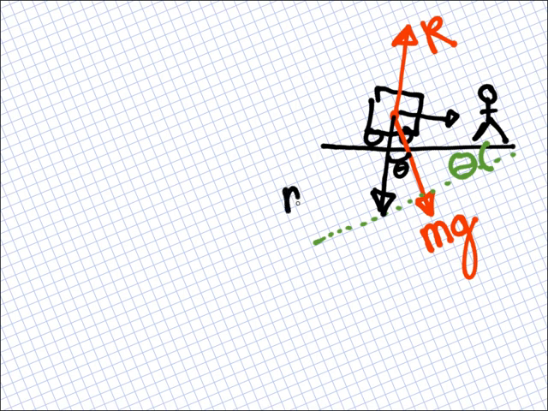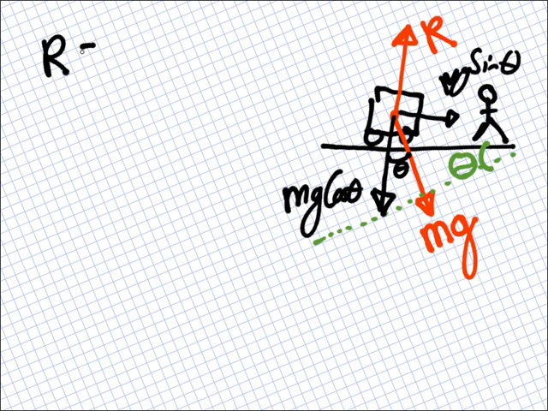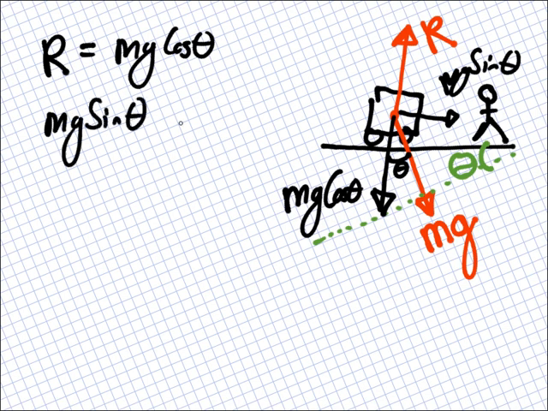Which makes this one here mg cos theta, because it touches the theta. And this one here is mg sine theta. So you know that the reaction must equal mg cos theta. And the mg sine theta is the force making it move down the plane, accelerating it, which according to Newton is ma.